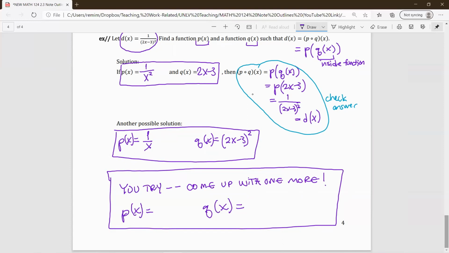So generally in this class, you won't really be able to come up with more than maybe 3 solutions or 2, at least none that are very obvious, all right? But this one, there is one more that seems pretty obvious to me, so just give it a try and see what you come up with. All right, so that will conclude the Math 124 note outline for section 2.3.